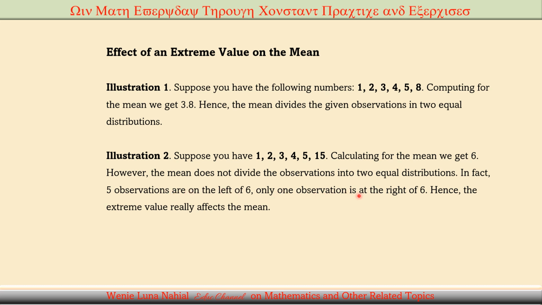Only one observation is at the right of 6. So the observations 1, 2, 3, 4, and 5 are to the left of the mean 6, while 15 is the only observation at the right of the mean 6. So in this case, the extreme value really affects the mean.